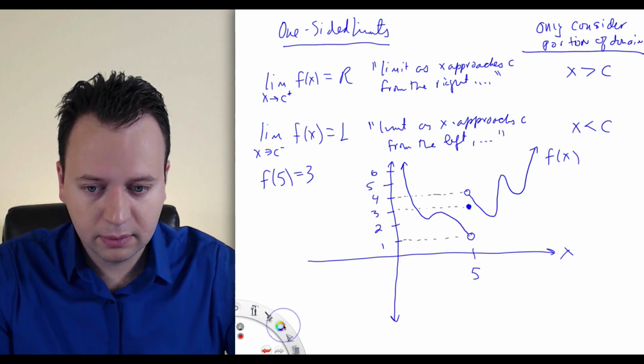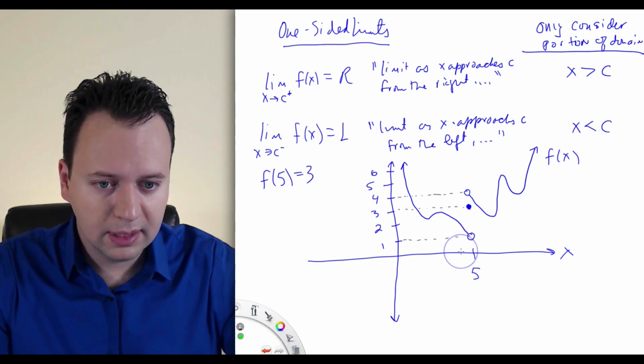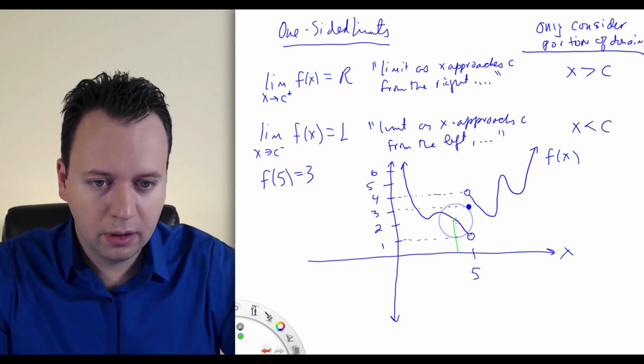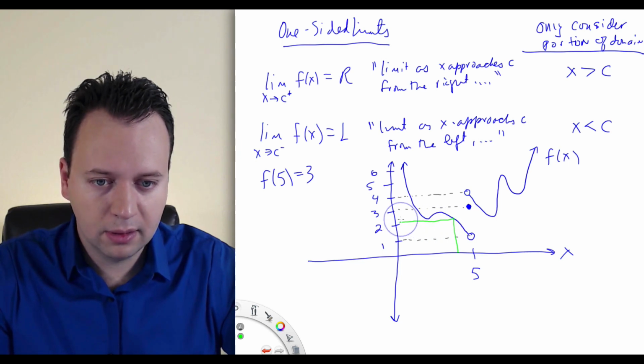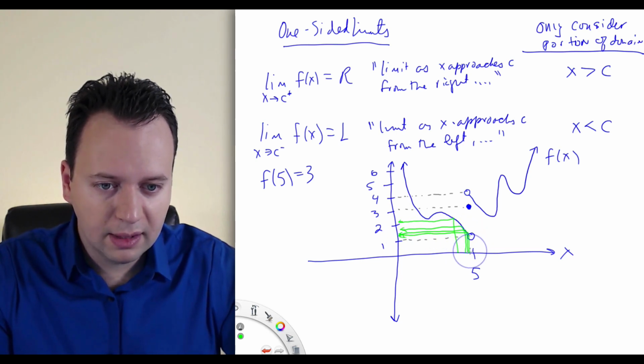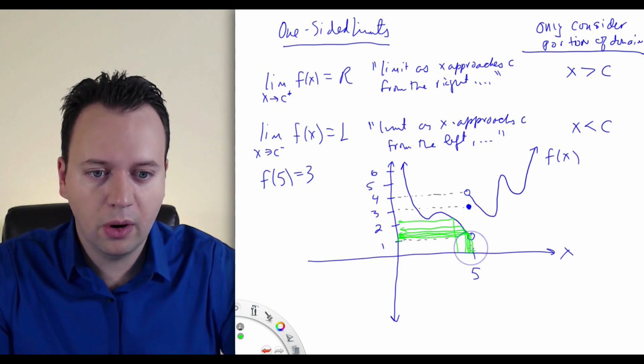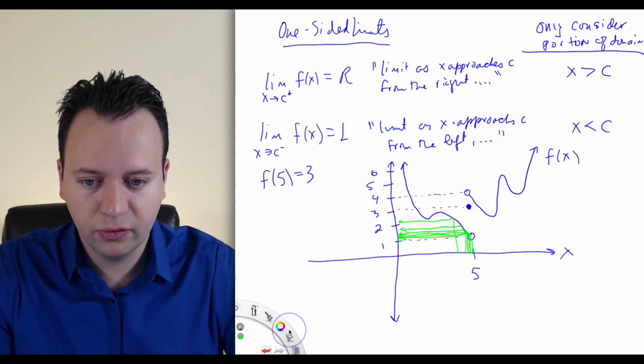So from the left, let's say we look at 4, we would get an output maybe 2.2, 4.5, an output of maybe 1.5, a little larger value but still less than 5, larger value, still less than 5, keep getting closer to 5, 1.1, get a little bit closer to 5, 1.01, 1.001, and so forth.